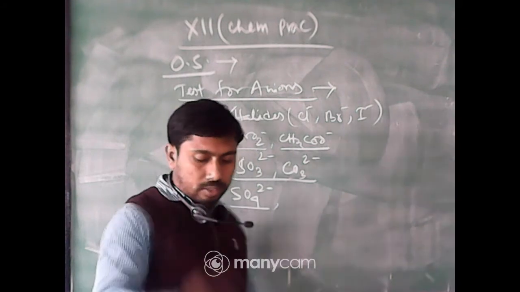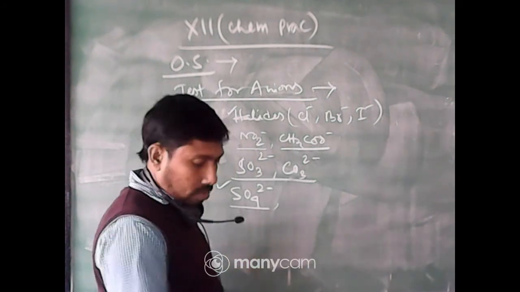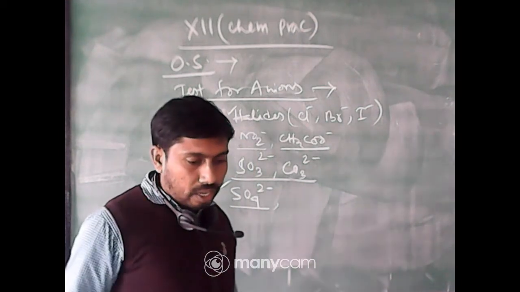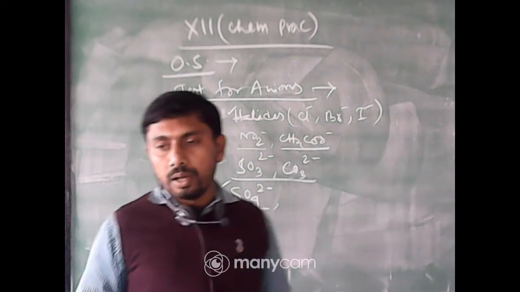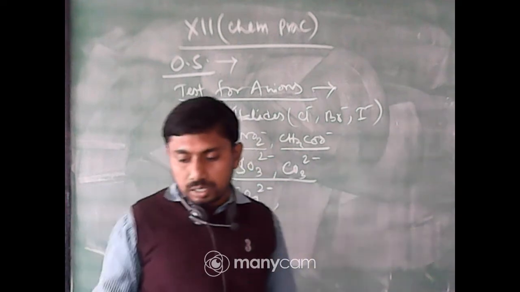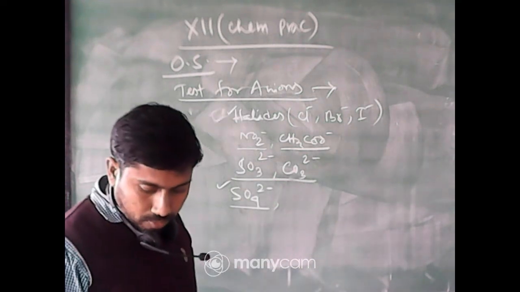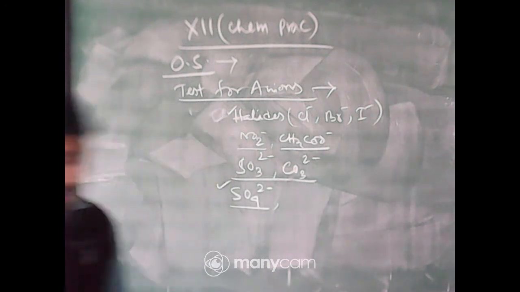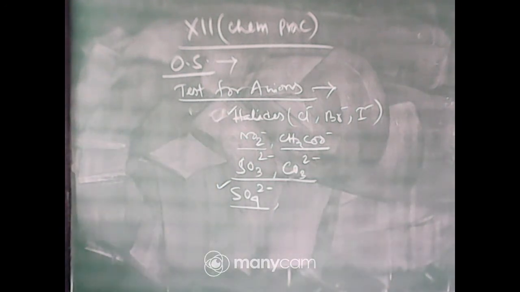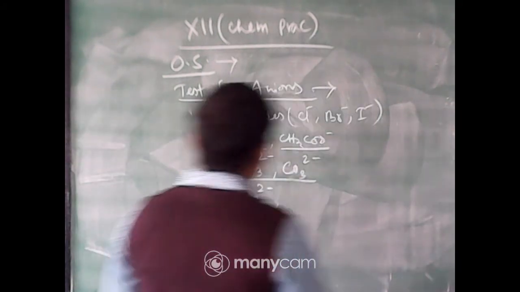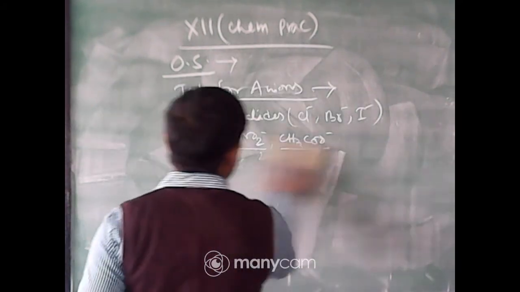Next one is the group separation. Okay. Now, there are some individual tests for the radical, that is for iron. For iron, using ferrocyanide, it gives a Prussian blue PPT.